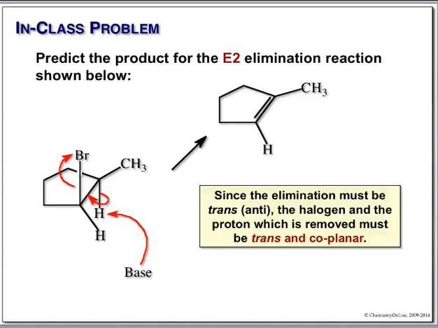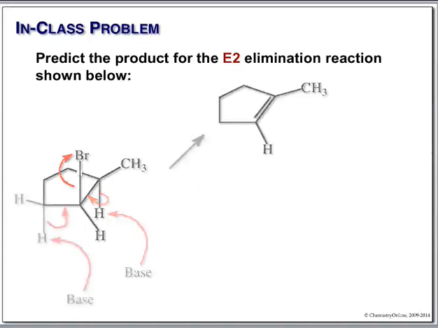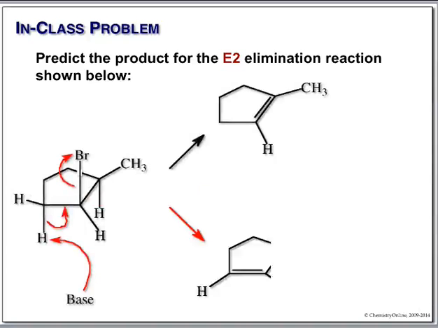Well, there's a good chance you could have put a different product down, though. Because if you look at this, we not only have a hydrogen here, we also have hydrogens here, don't we? So, instead of that, we could just take the hydrogen from this carbon, pull it off, move it in, bromine leaves, and we would make this isomer.